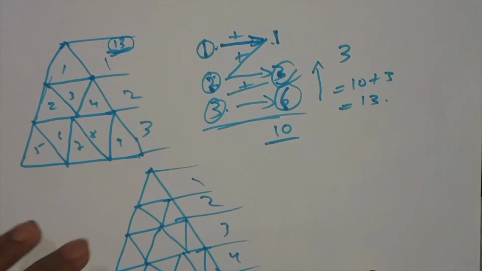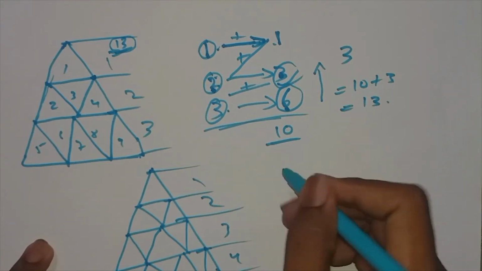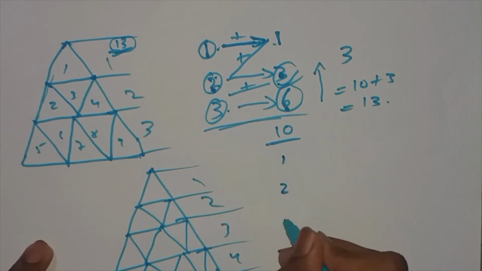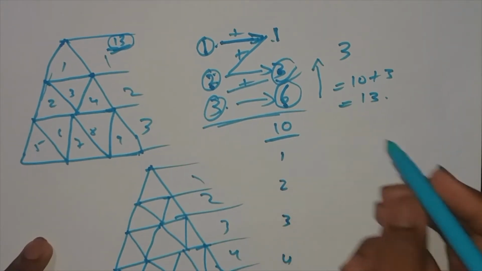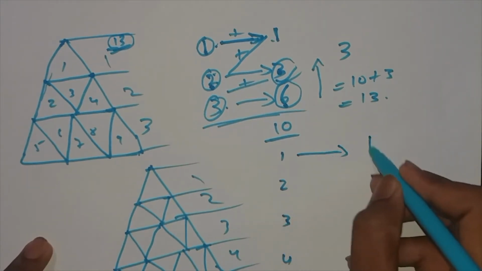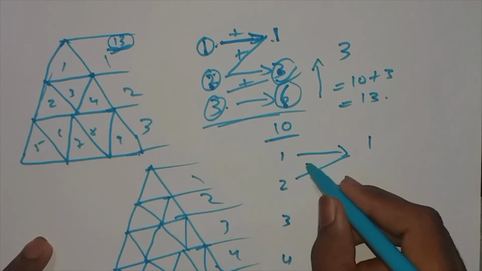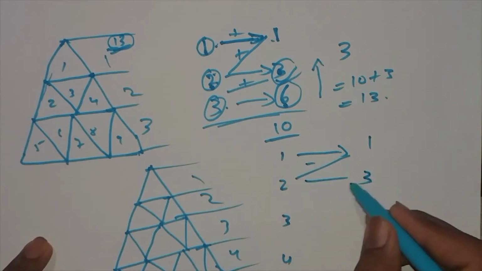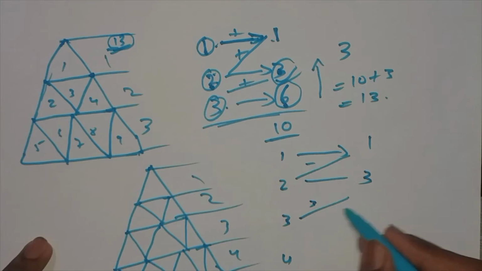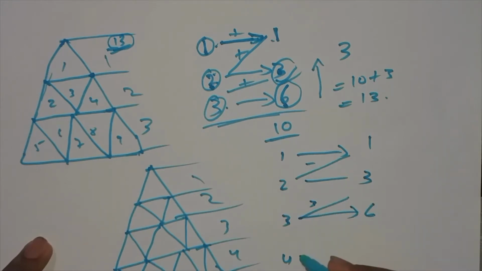I have previously told you to write like this: write 1, 2, 3 and 4. Write 1 as 1 only. Now 2 plus 1 is equal to 3, 3 plus 3 is equal to 6, and 6 plus 4 equal to 10. So 16, 20. So there are 20 triangles.